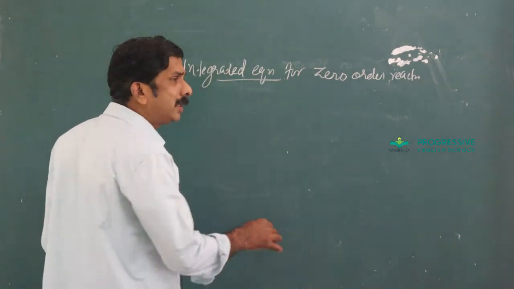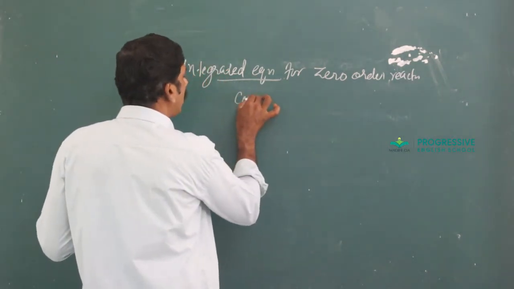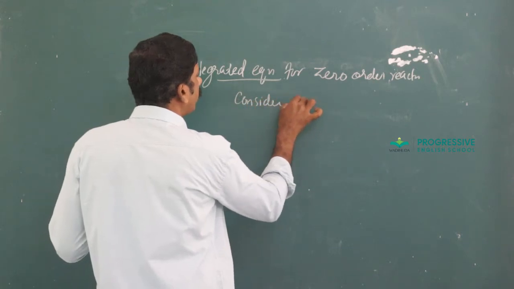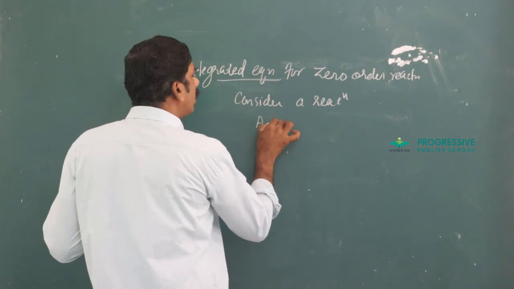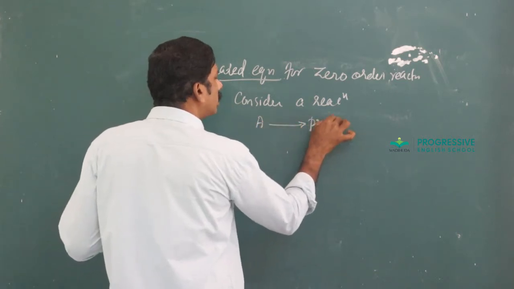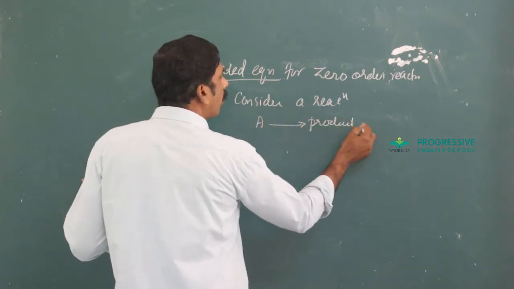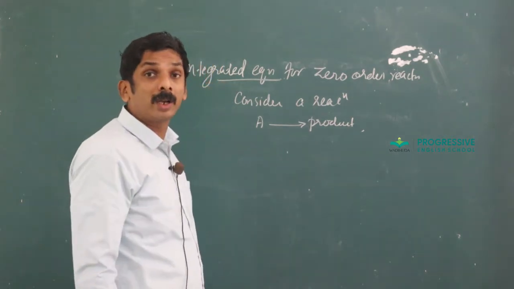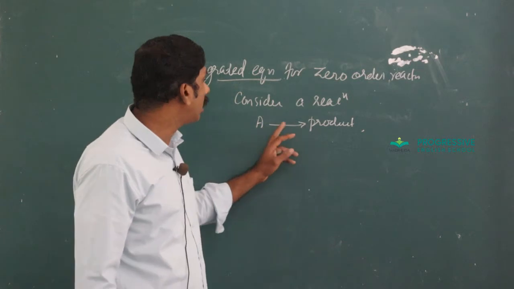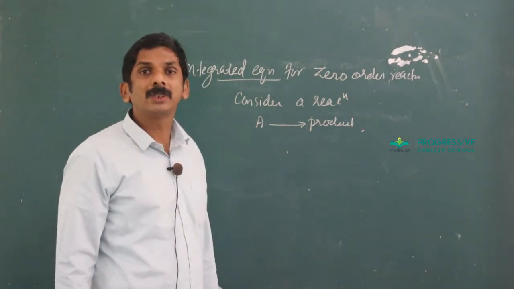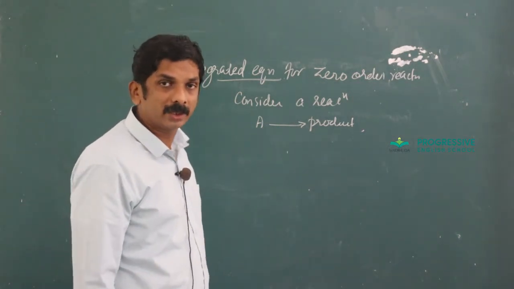Let us consider a general example. Consider a reaction A gives products, which follows zero order kinetics.